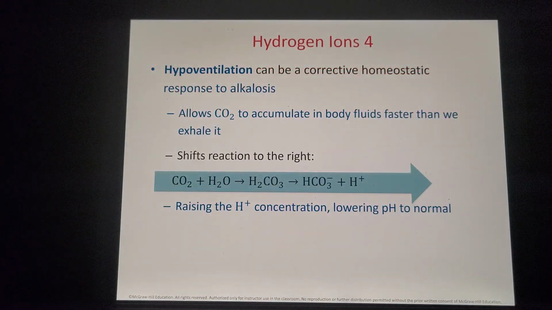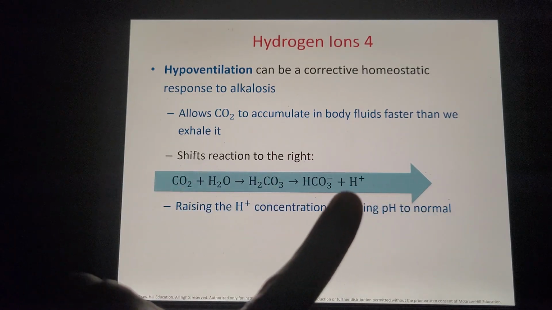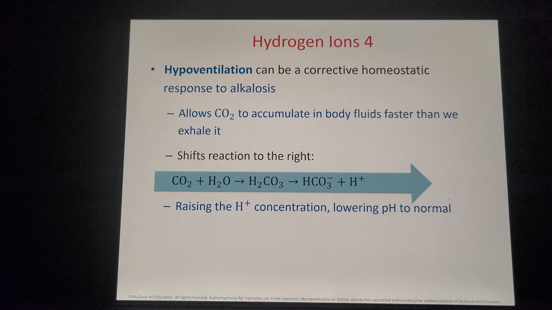Opposite situation, hypoventilation, so slowing down our breathing rate. So we have not held on to enough carbon dioxide. So by holding on to the carbon dioxide, we're able to shift this reaction towards the right. So increasing our level of hydrogen ions, so the acid, that's going to lower our pH back toward normal levels.